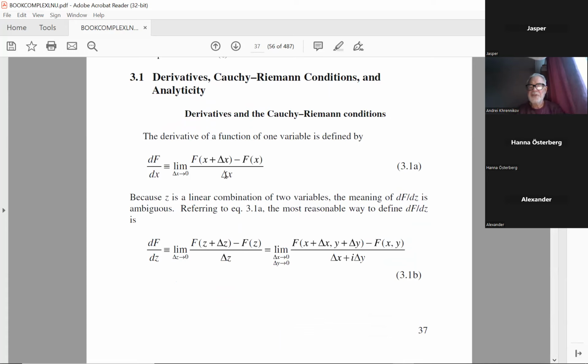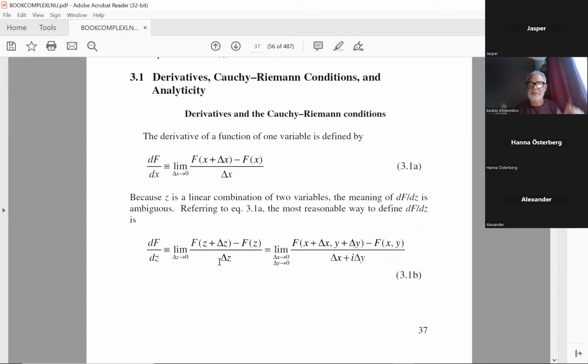In fact, here we can divide by a complex number, and this is just the usual derivative. So this is a derivative of a complex function. In any number field, we can try to define a derivative, but we should also have the notion of limit. What does it mean that a complex number goes to zero?